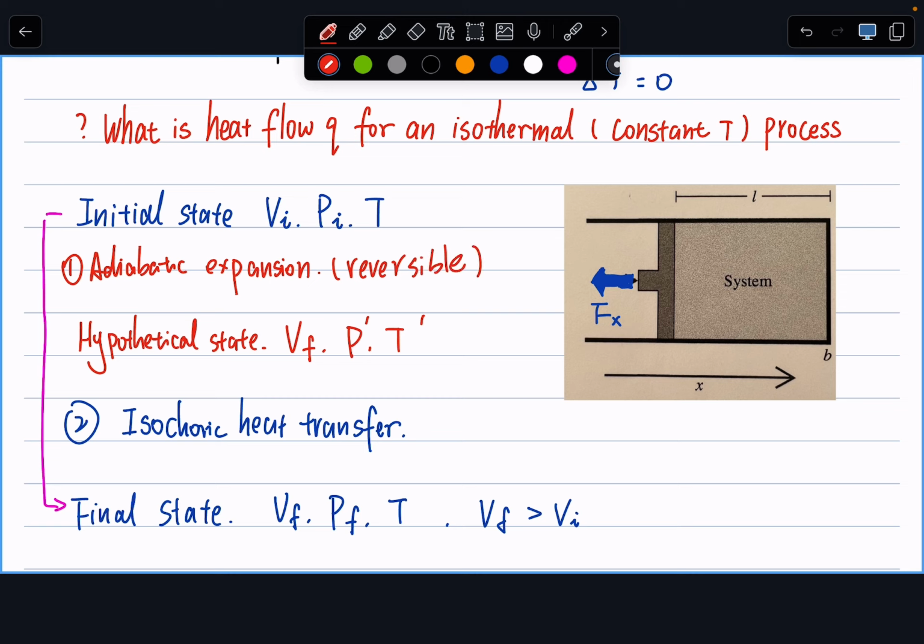And since it's a reversible adiabatic expansion, we can use W reversible equals negative integral of P dV. And since we're using our ideal gas law, we integrate between V initial and V final. My pressure is nRT over V dV.